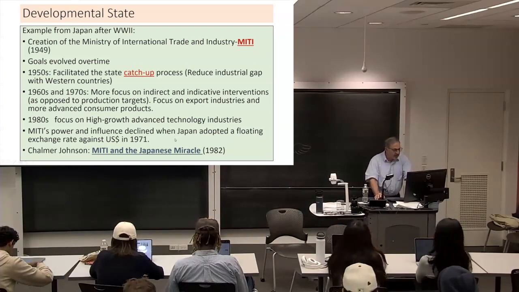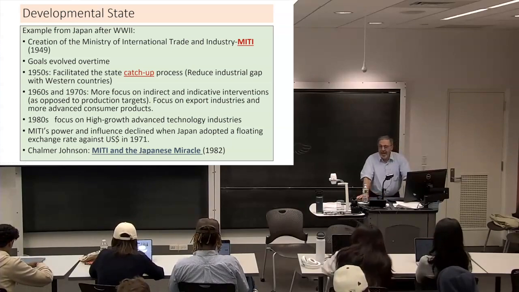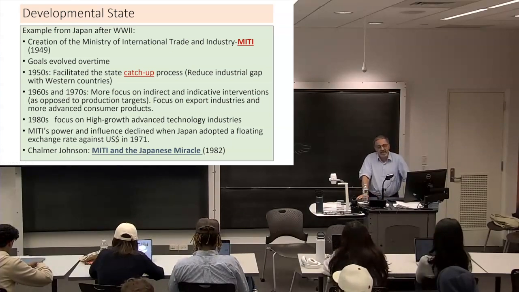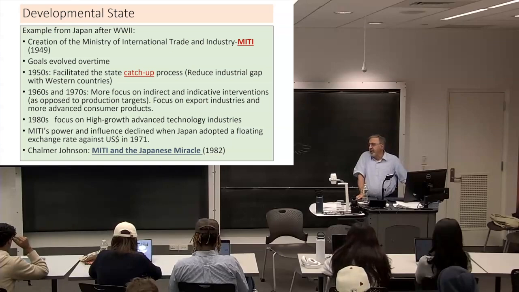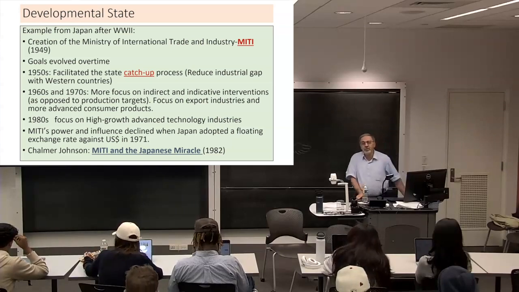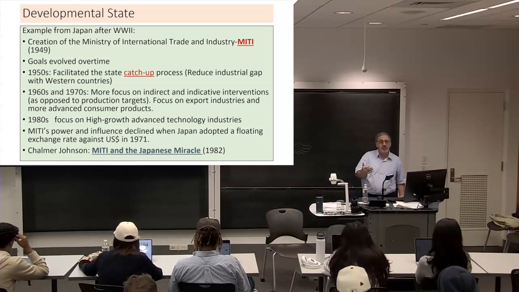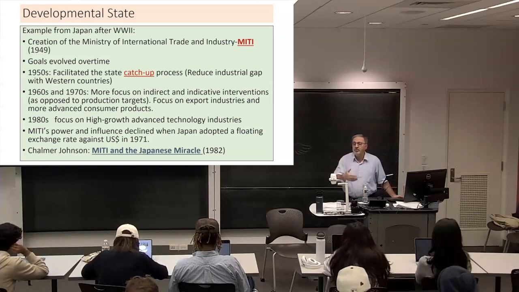One of the instruments that the government had in order to create incentives for the private sector and convince them to follow the lead of the government was that it had control over foreign exchange. Hard currency is very important for corporations in order to buy inputs for their production.